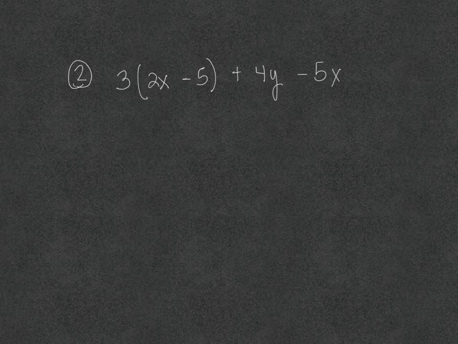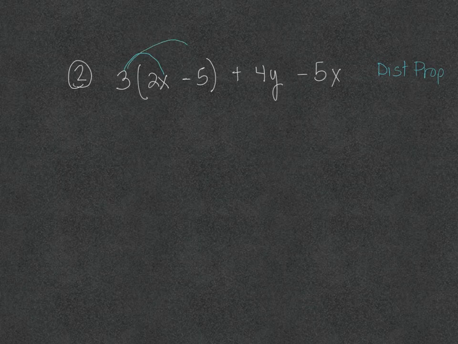When I look at this problem, the first thing I notice is that I'm going to have to use the distributive property, and that is going to occur here and here. So I'm going to have to multiply 2x times 3, 6x, and then multiply 3 times the negative 5, negative 15.